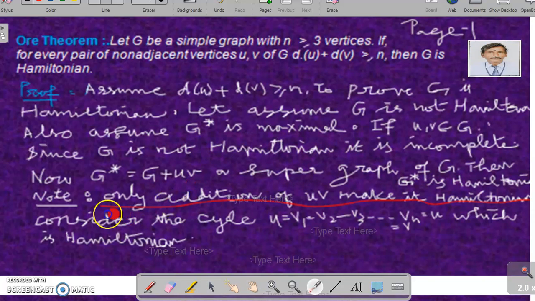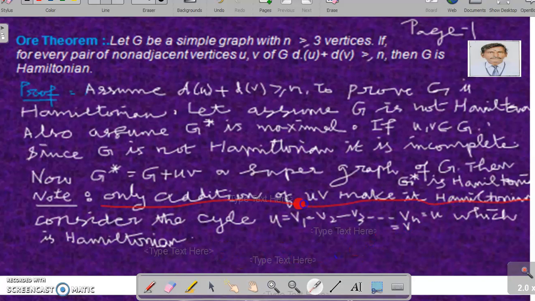Now note that in this particular statement, only the addition of UV will make it Hamiltonian. G is not Hamiltonian, we assumed. It will be Hamiltonian when UV is added to G. Okay, that's the note we have to understand here.